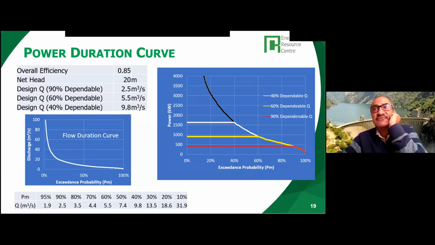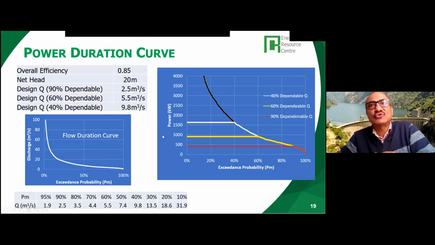If you design for 2.5, let's say this is just a practice example, I assume a net head of 20 meters, approximately Majau mini hydro. I also assumed an overall efficiency of 0.85, because net head already considered the losses, so 85 is the turbine efficiency and the generator efficiency.